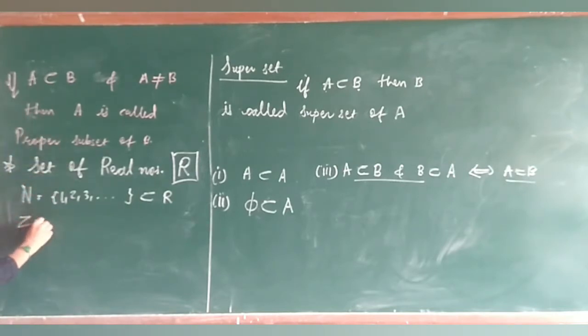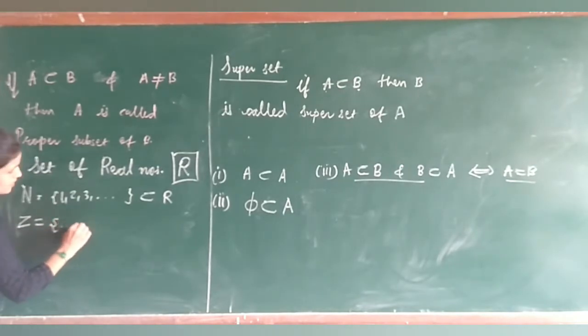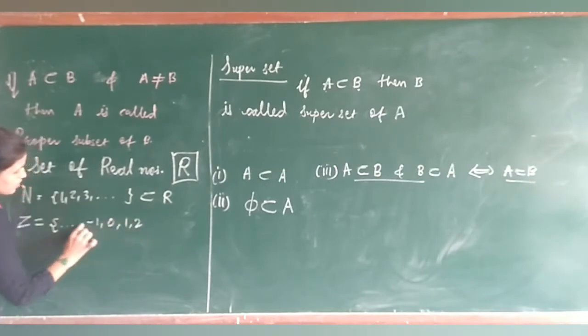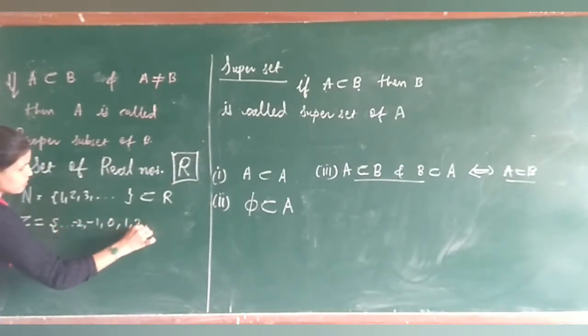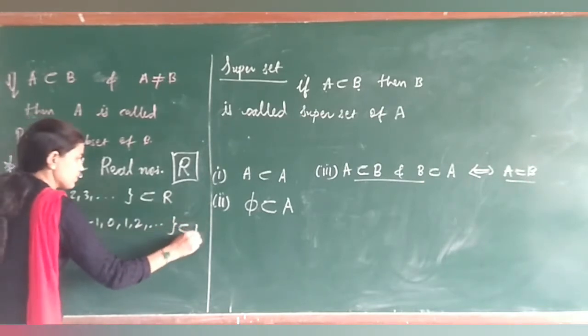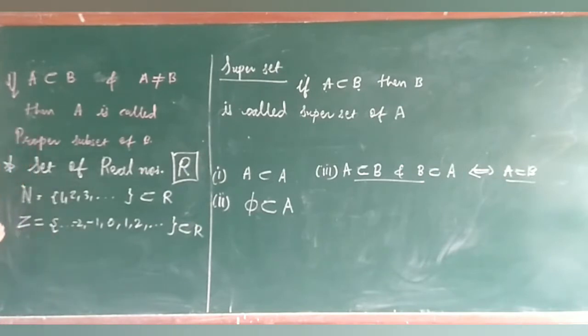Then I take Z. Z is equal to {..., -2, -1, 0, 1, 2, ...}, and also dots. Then is Z a subset of R? Then obviously you know that this is a subset of R, and N is a subset of Z, that I will write afterward.